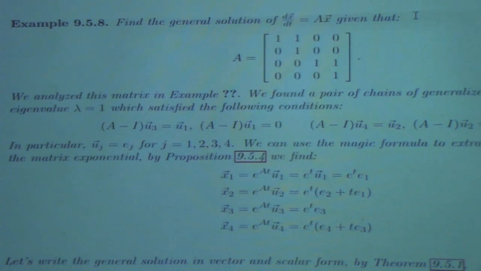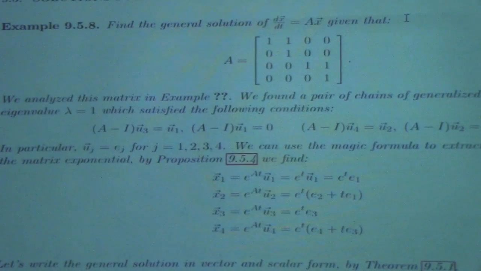Anyway, these are things you hopefully will discover as you do the homework. So long story short, we have (A minus I) u3 is u1. What is u1?